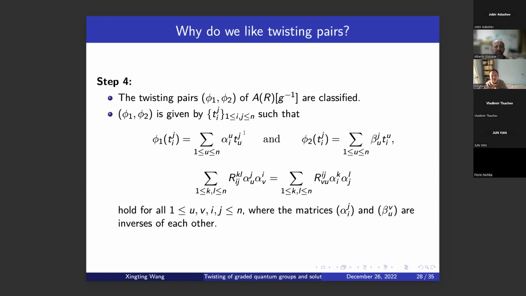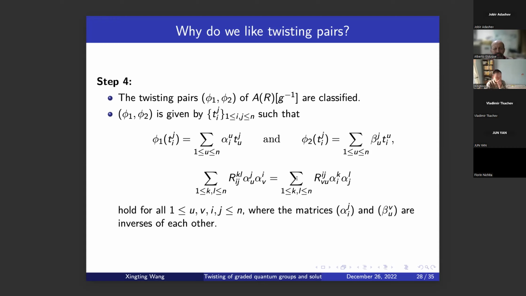But if we consider the twisting pairs, actually it's not very hard to do. We can compute all the possible twisting pairs on AR, which give you specific Twocode cycle twist. And we can do it very explicitly: these twisting pairs are given by two matrices, alpha, beta, which satisfy these quadratic relations. So it is completely doable because there are not many quadratic relations.